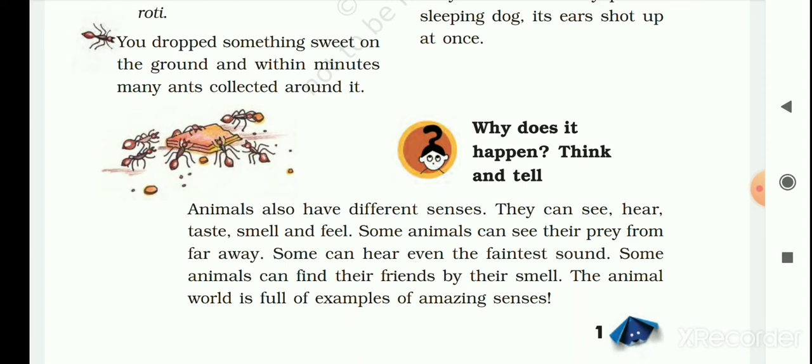They don't need any instructions like you guys in school. Sometimes your teacher scolds you to walk in a queue. But ants walk in a queue without any scolding. They have the smell sense organ and through smell they find their friends. The animal world is full of examples of amazing senses.